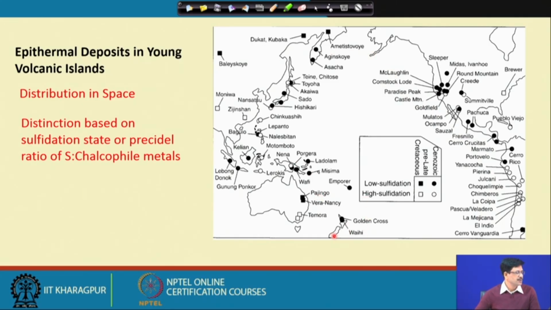The important ones we could see here, just near the Papua New Guinea island, there is one small island, Lihir Island, which holds a very rich, important gold deposit. There is the Ladolam deposit. Along the Japanese island arc, there are some deposits like this.